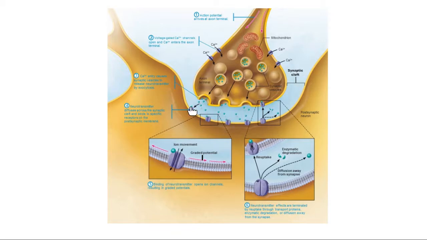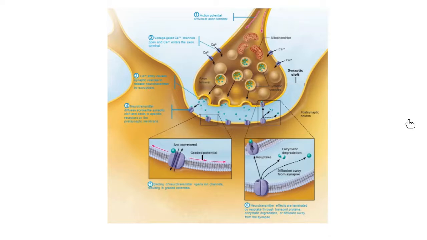So lots of different chemically gated ion channels all across the membrane, all across the dendrites of a neuron. Their job is to receive all the different kinds of messages that a neuron is getting and mix them together, the goal being to ultimately open up voltage-gated channels.